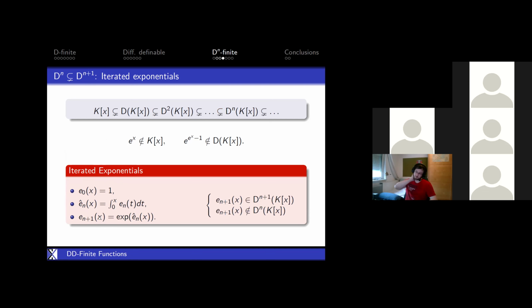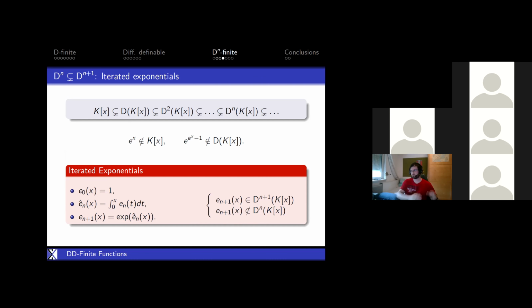And we can prove, using differential Galois theory, that the n plus 1 iterated exponential is DN plus 1 finite. That's quite straightforward using this formula over here, and an induction argument. But it's not DN-finite. So there is no differential equation with coefficients in DN minus 1 that is satisfied by this iterated exponential. So as we see, this construction always adds something new.